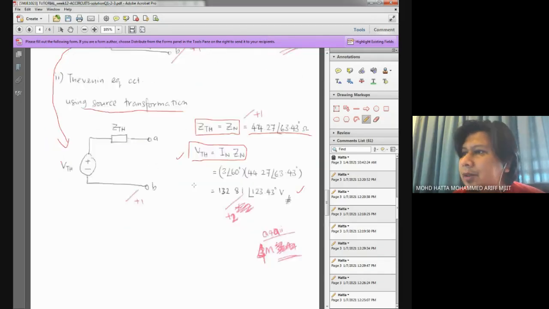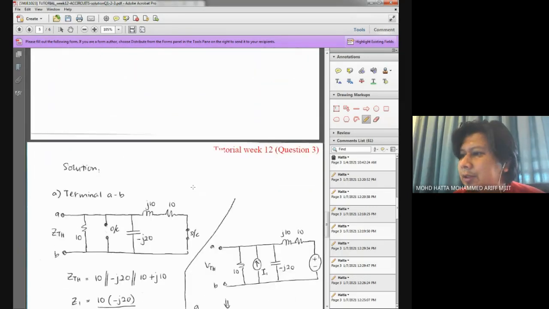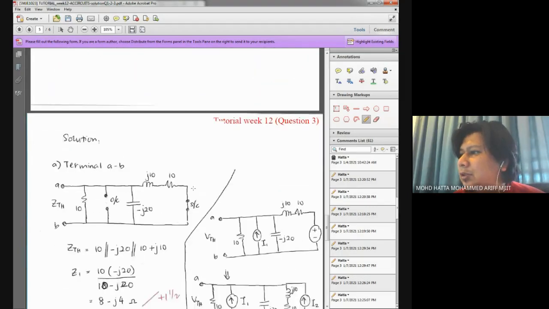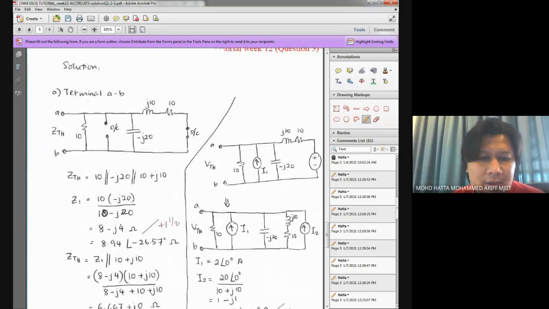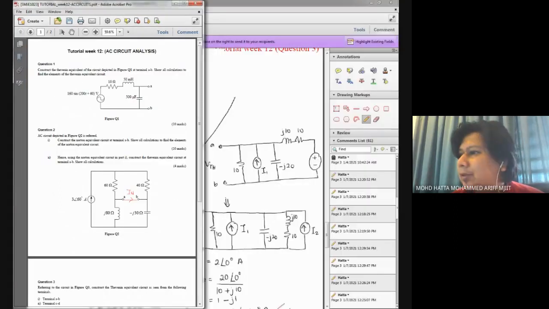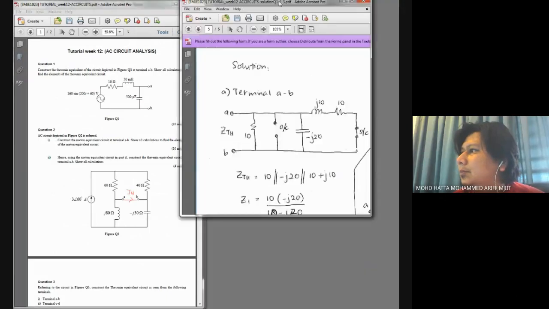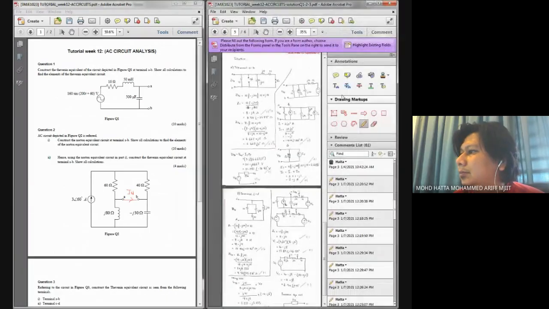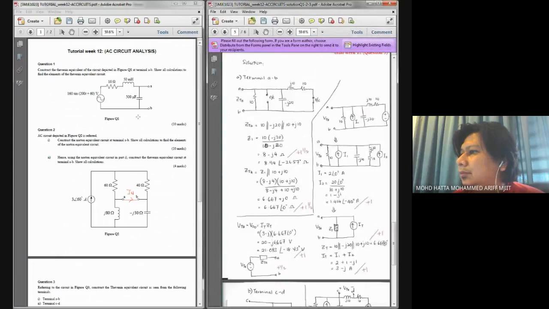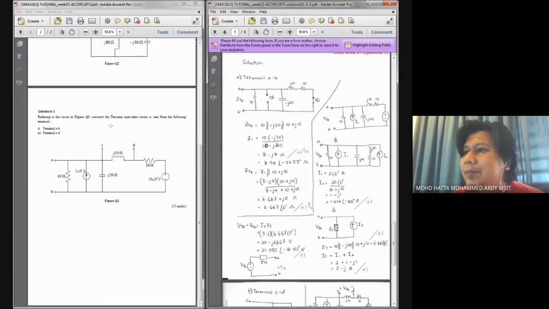Right, now we move into our last question, which is question number 3. The question says, referring to the circuit in figure 3, construct the Thevenin equivalent circuit as seen from the following terminals.